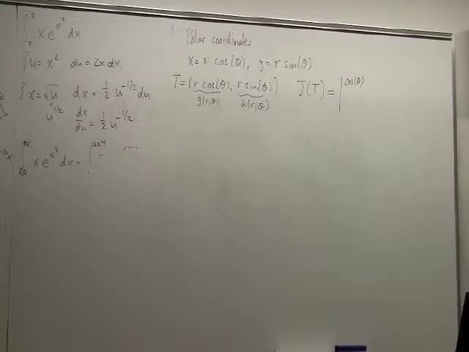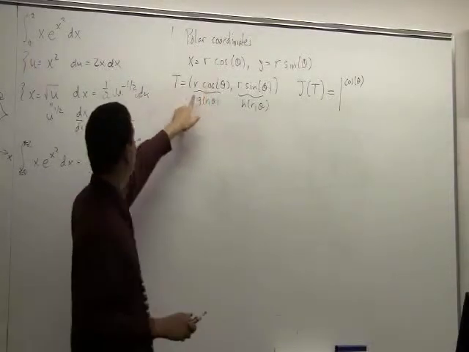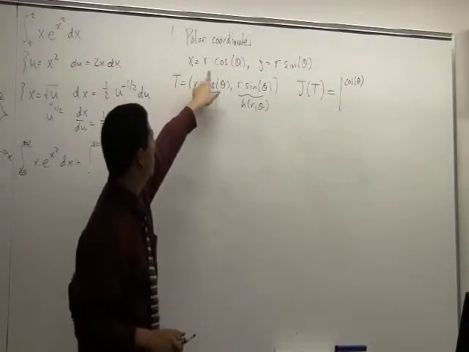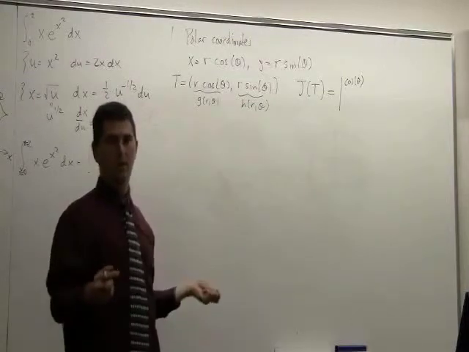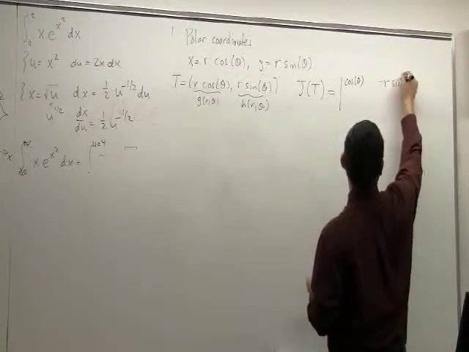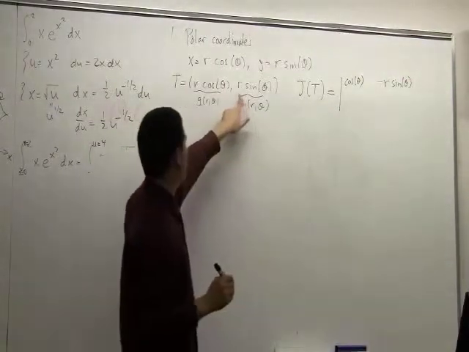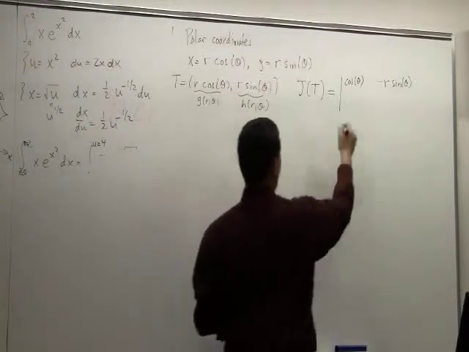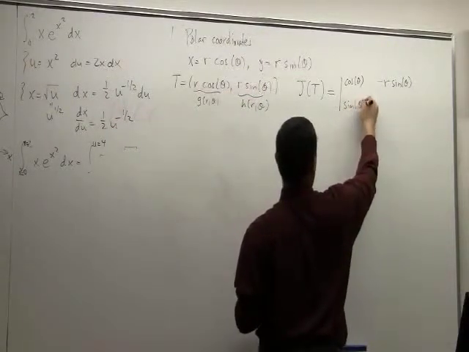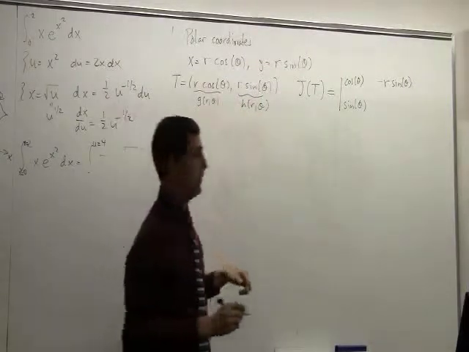And now I need the partial derivative with respect to theta of g. So what will that be? Derivative of cosine of theta is minus sine of theta, so it becomes minus r sine of theta. And then I do with h, so I do the derivative with respect to r, that will just be sine theta. And then the derivative with respect to theta will be r cosine theta.